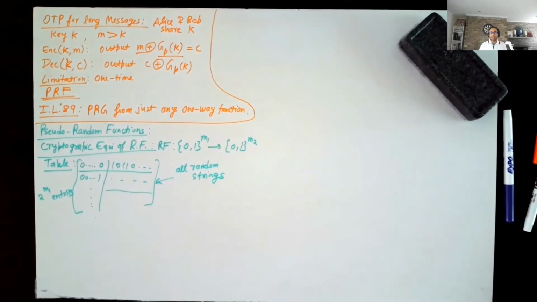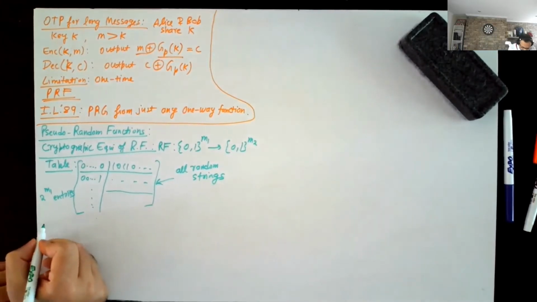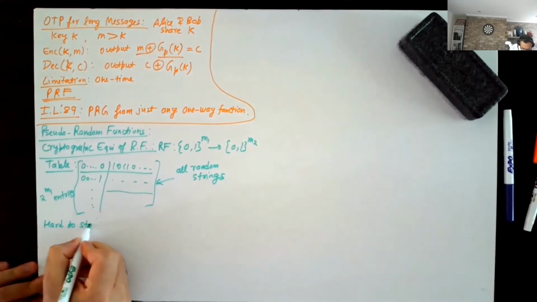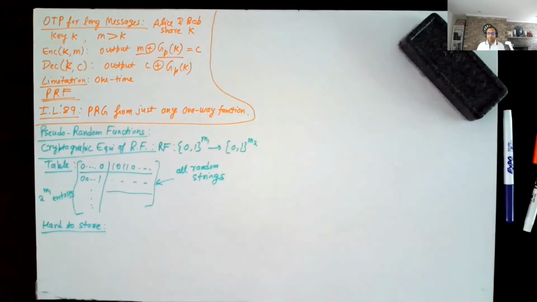You cannot store random functions. Think of M1 as, let's say, 100 bits. Then you're talking about storing 2 to the power 100 entries, which means an exponential amount of storage is needed.